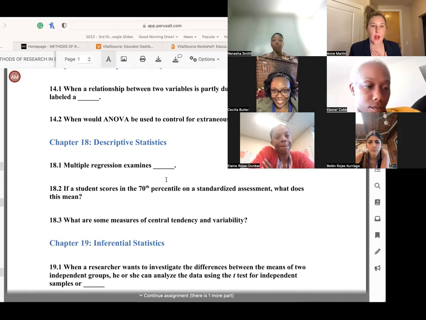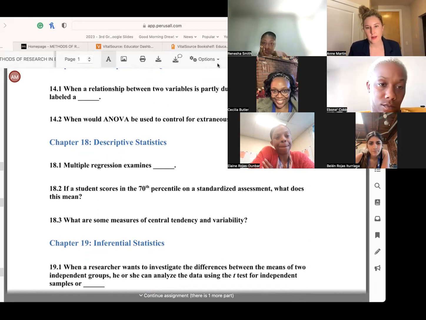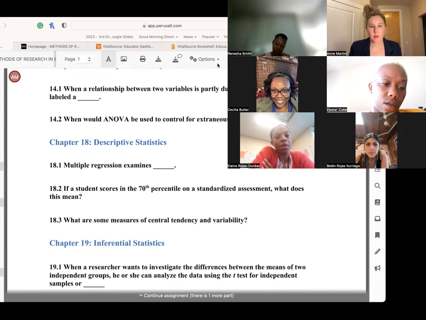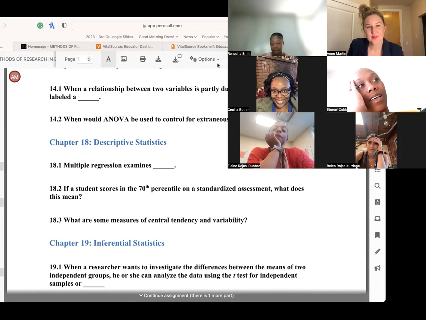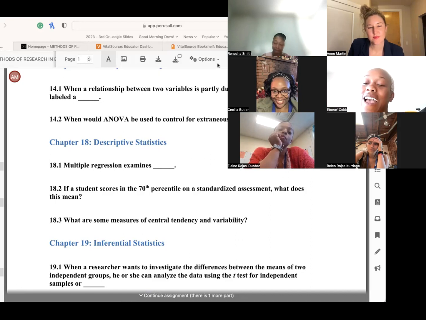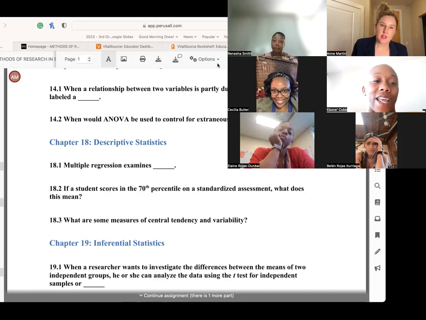Oh, okay, percentile rank. What does this mean if someone scores in the 70th percentile? Is it like they... I don't know, because I see this all the time when we get the results back from MAP testing and stuff like that.